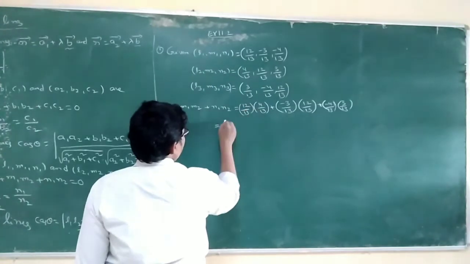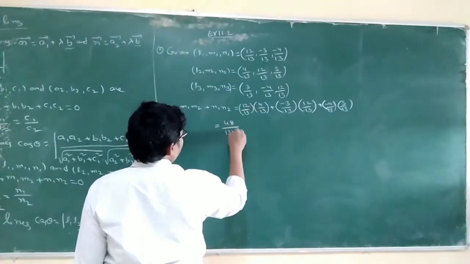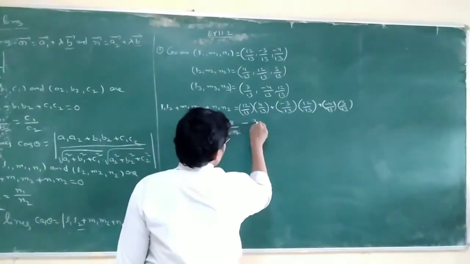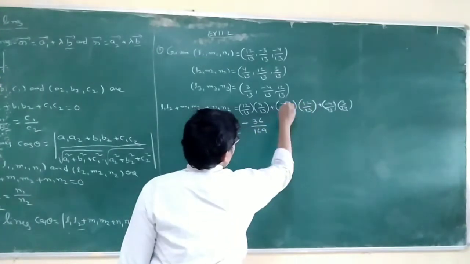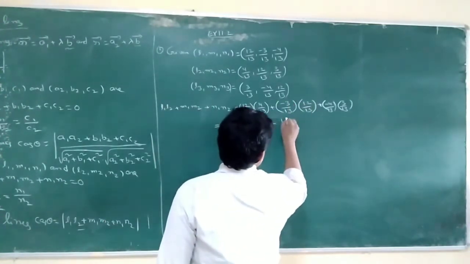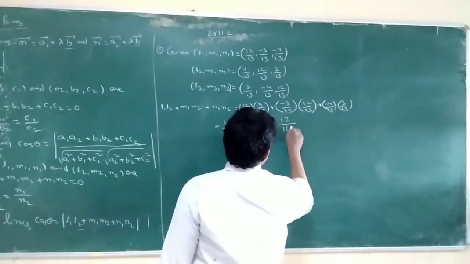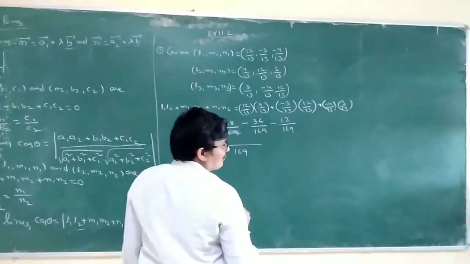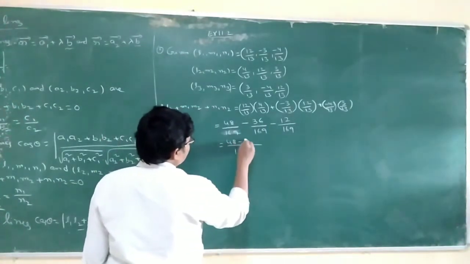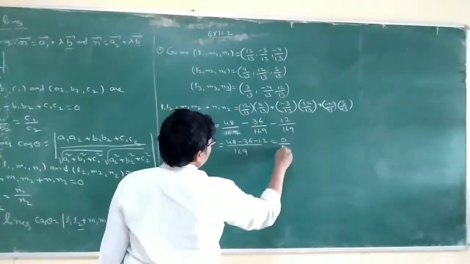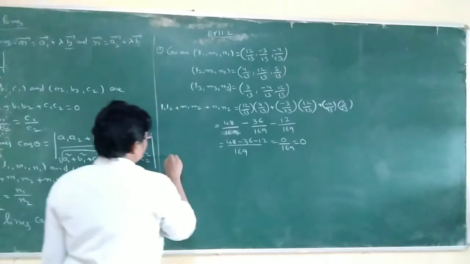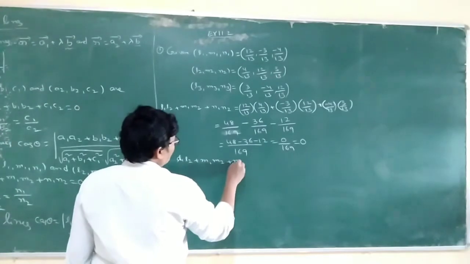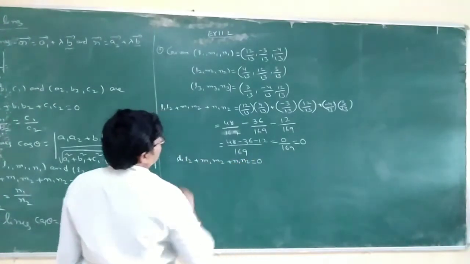So that is equal to 12 into 4, 48 by 13 into 13, which is 169, minus 36 by 169, 12 into 3 is 36, minus 4 into 3, minus 12 by 169. So with LCM 169: 48 minus 36 minus 12 equals 0, so 0 by 169 equals 0. Therefore L1 L2 plus M1 M2 plus N1 N2 is equal to 0.